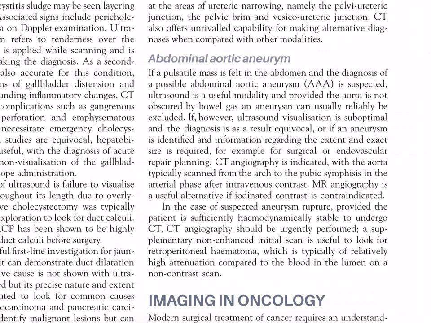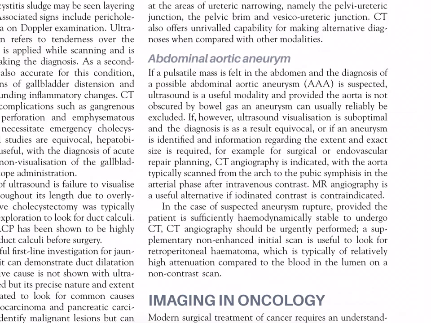If, however, ultrasound visualization is suboptimal and the diagnosis is as a result equivocal, or if an aneurysm is identified and information regarding the extent and exact size is required, for example for surgical or endovascular repair planning, CT angiography is indicated, with the aorta typically scanned from the arch to the pubic symphysis in the arterial phase after intravenous contrast. MR angiography is a useful alternative if iodinated contrast is contraindicated.